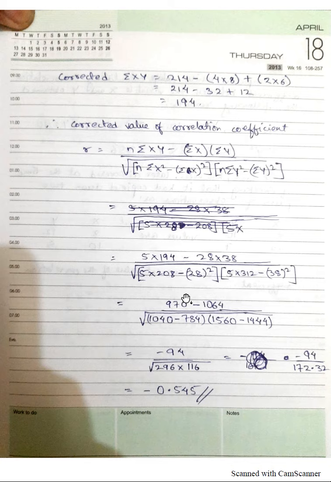It will be equal to minus 94 divided by under root 256 into 116, which is equal to minus 94 divided by 172.32, which is equal to minus 0.545. So this is how we find the corrected values if wrong observations are given.